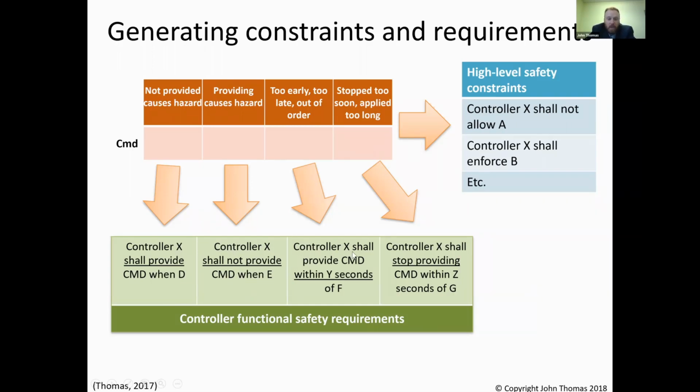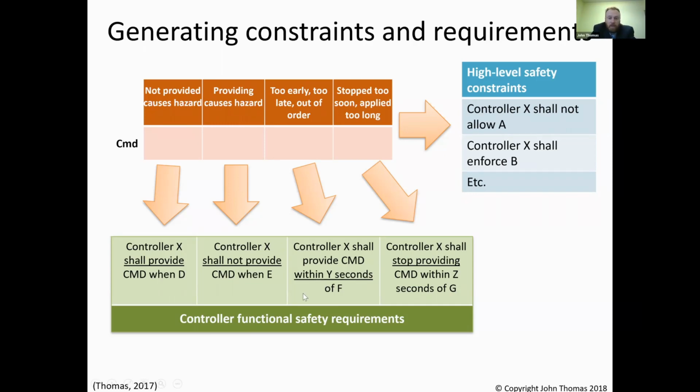They're both important. Controller X shall provide this command within Y seconds of F. These are very specifically and precisely defined. They always have these same ingredients, and they're written to be test-oriented requirements, and these can be used to drive our test scenarios.